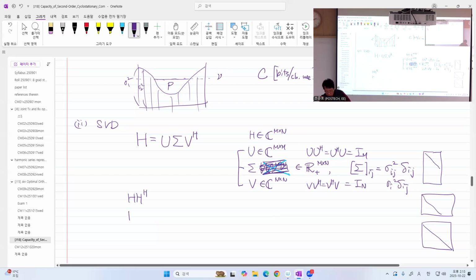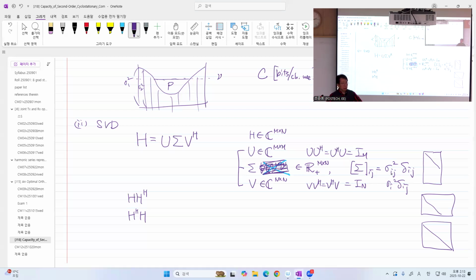And also you consider H Hermitian, which will also give you a positive semi-definite Hermitian symmetric matrix. And then what you do is utilize the well-known linear algebra fact that if you have a Hermitian symmetric matrix, eigenvalues are all real, and especially for positive semi-definite, you have non-negative reals.